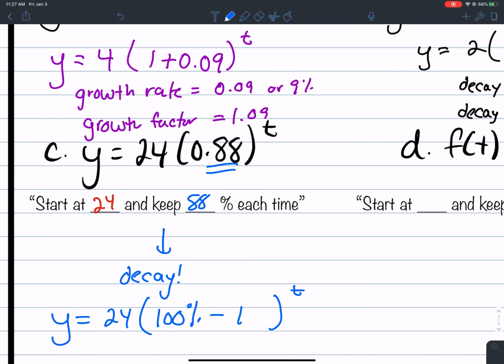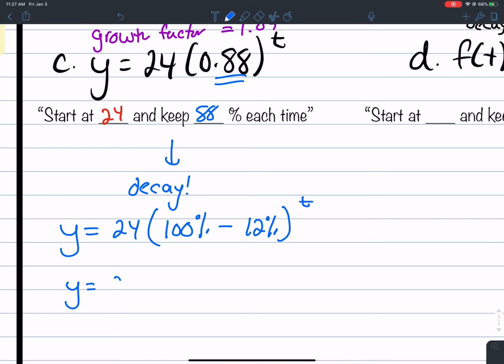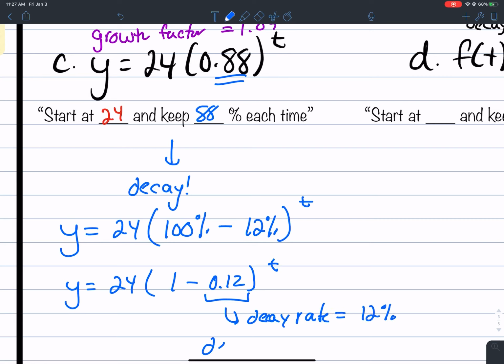Well, I must have taken away 12%. Then I can rewrite this in decimals as 1 minus 0.12. So I can easily see that my decay rate is 12%, and then the decay factor is 0.88, because that's 1 minus 0.12.